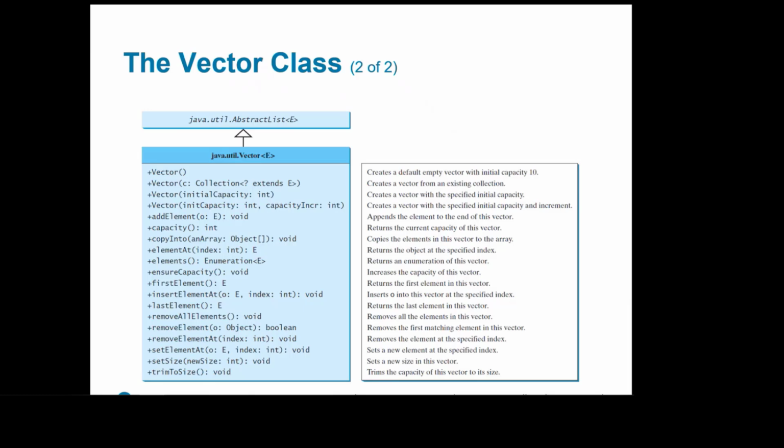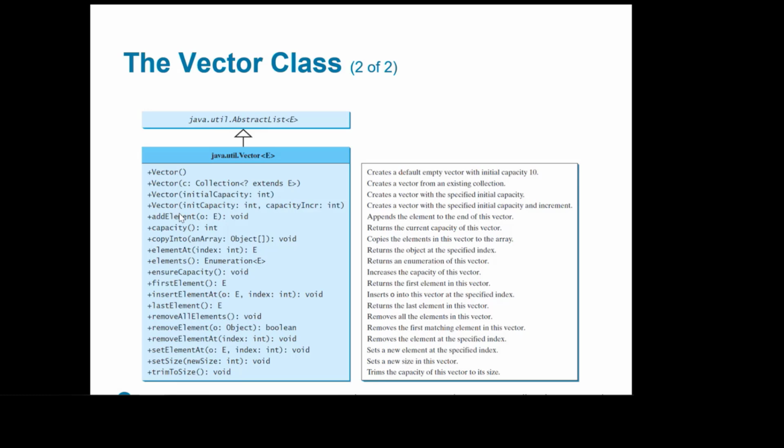Basically it is derived from the vector class, or it is a child class of the vector class. Let's see the functionalities available for the vector class. You can create a vector with an initial capacity of 10, and it extends the collection class.